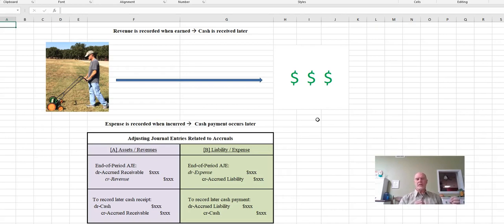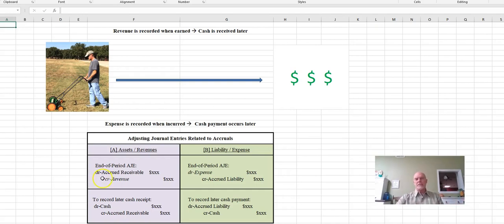And so if you have done work for customers and have not been paid yet, at the end of the year, you need to update the fact that, hey, we've done this work and we haven't been paid, so we would debit accounts receivable. These are called accruals. We are accruing that revenue. Again, you don't need to know that word, I'm just telling you.